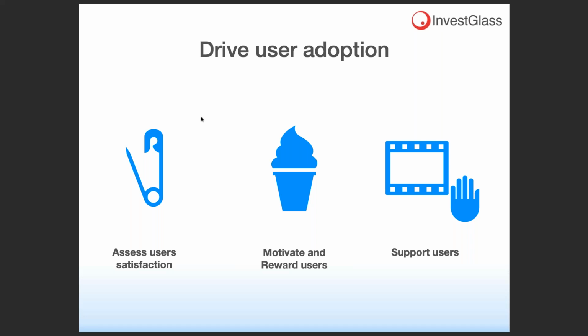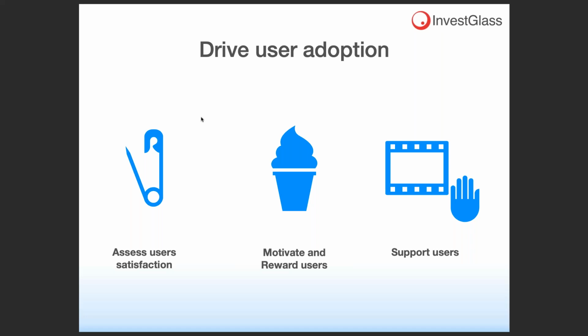Then the third element: it's very important to support users. So obviously, you know, Investlast is here. We have, I hope, an amazing customer service. But for some of you, because you have Investlast nested into your bank infrastructure, you have a different support user, and you might have different customer interactions too.